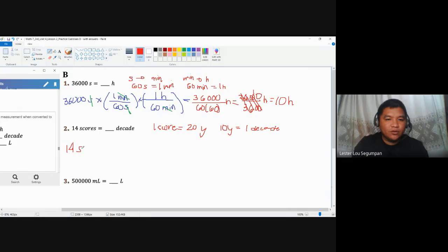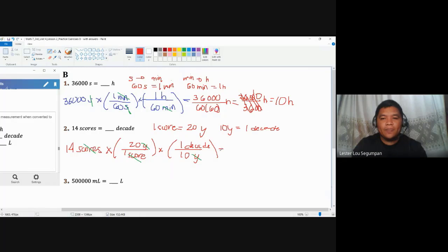So you have 14 scores times 1 score is 20 years, times 10 years. We need to make sure we can remove this year. Don't worry about the S because that's a plural only. And you have here 1 decade. So we have removed everything now.